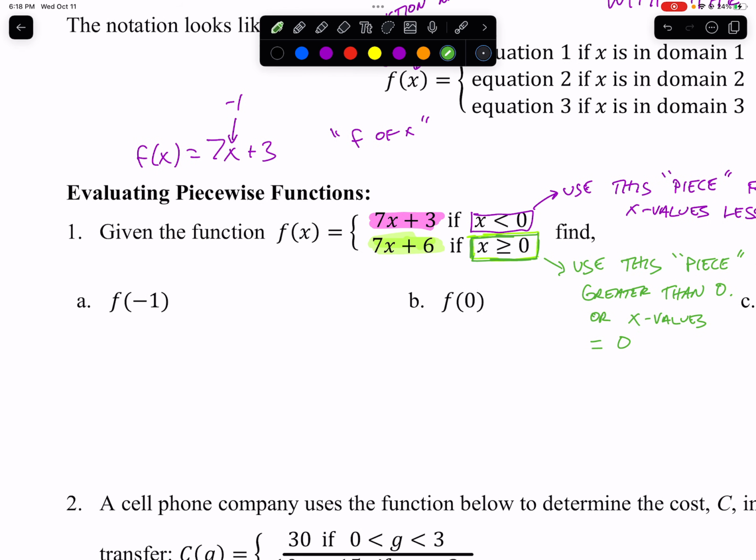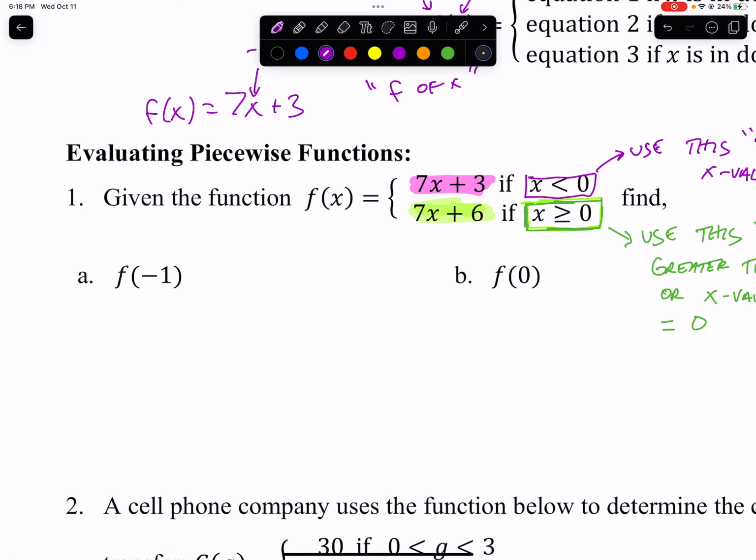So let's try this. So f of -1, that means we're going to plug -1 in for x into the function f. So here's my function f, and if x equals -1, that's what we're plugging in. -1 is less than 0, so we're going to use the first piece.